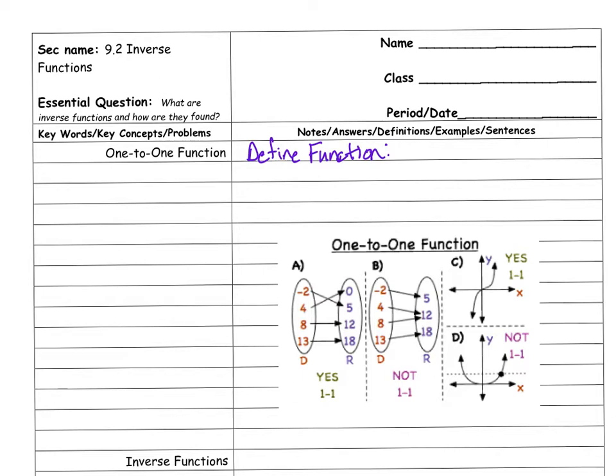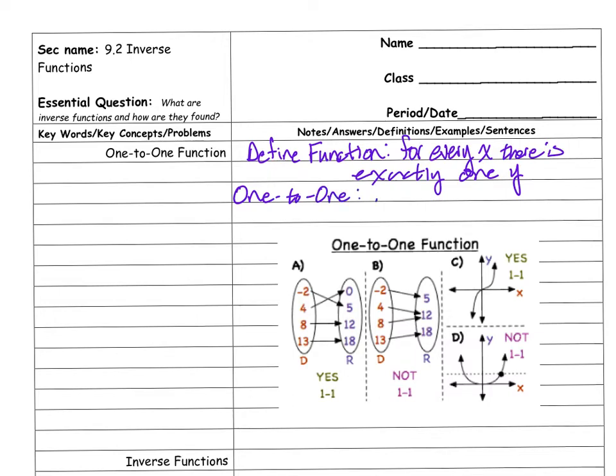It's for every x there is exactly 1 y. Okay, so now we're going to define what it is to be a one-to-one function.